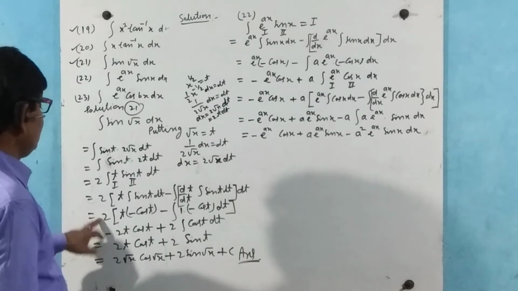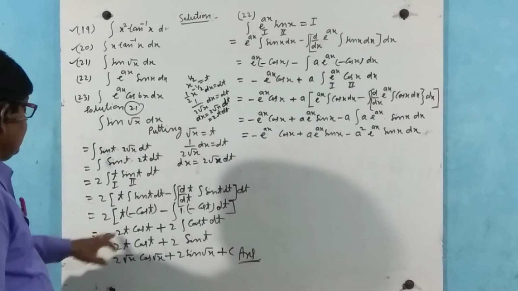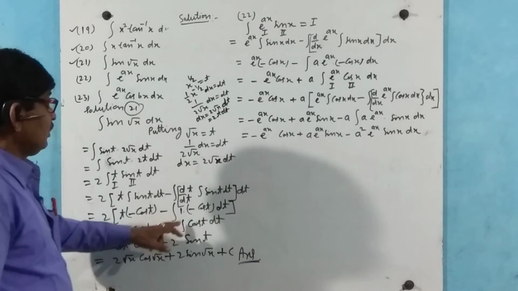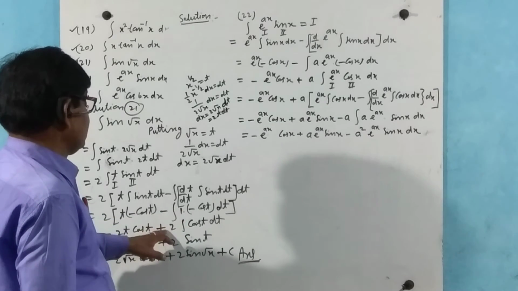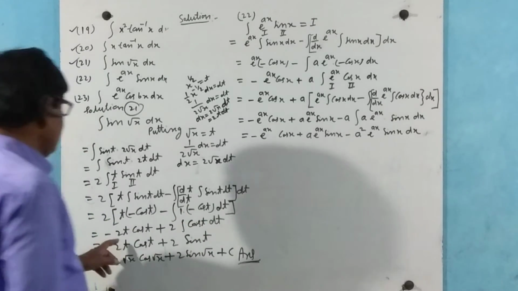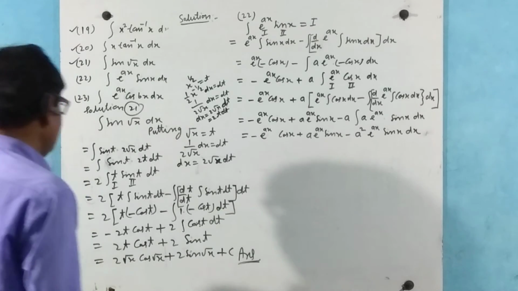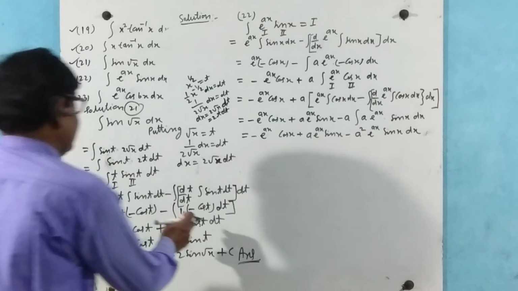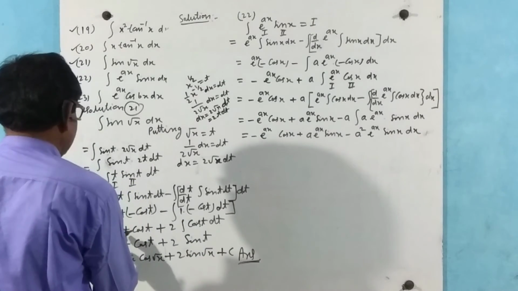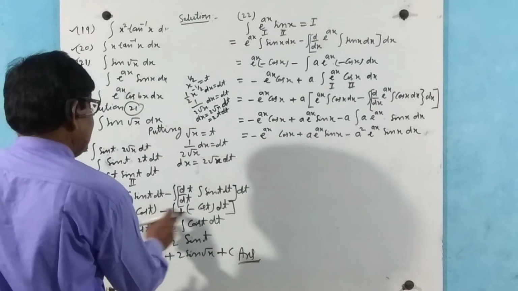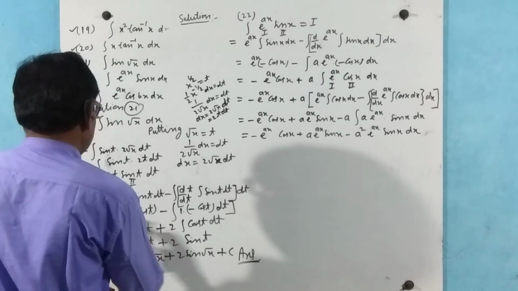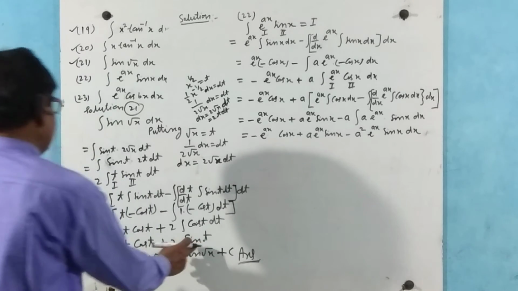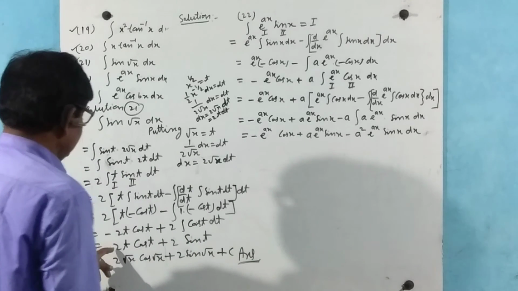So this is negative 2t cos t, plus 2 integration of cos t dt, and integration of cos t is sin t.